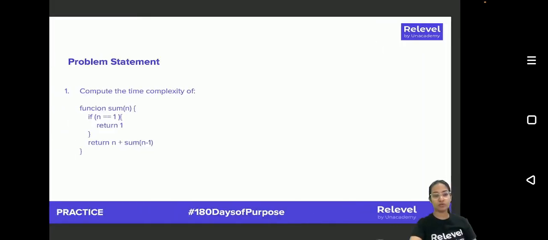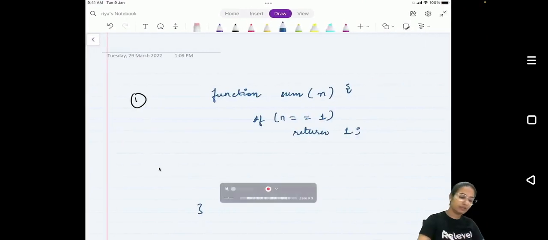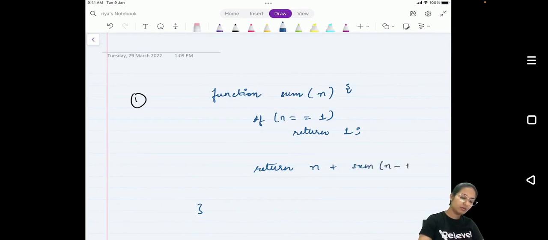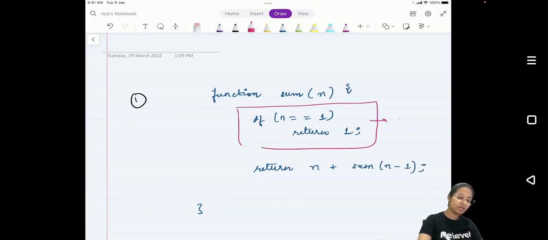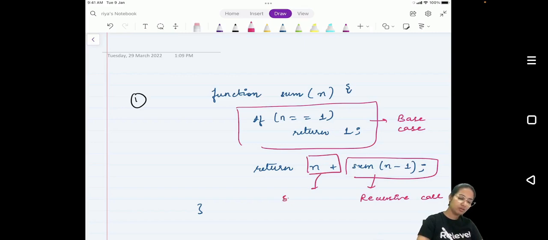Otherwise, we return n plus sum of n minus 1. This will be the base case, this will be the recursive call to the smaller problem, and this will be the self work.